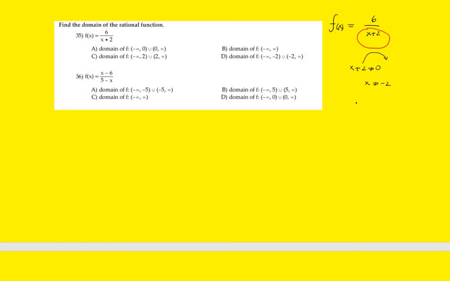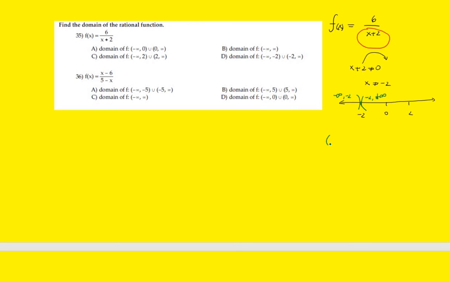So for the domain, if you put here the number line, here is 0, here is 2, here will be -2. All real numbers work except for x equal to -2. So you would do something like this: it goes from -infinity all the way to -2, and from -2 all the way to plus infinity, but the only one that doesn't work is -2.